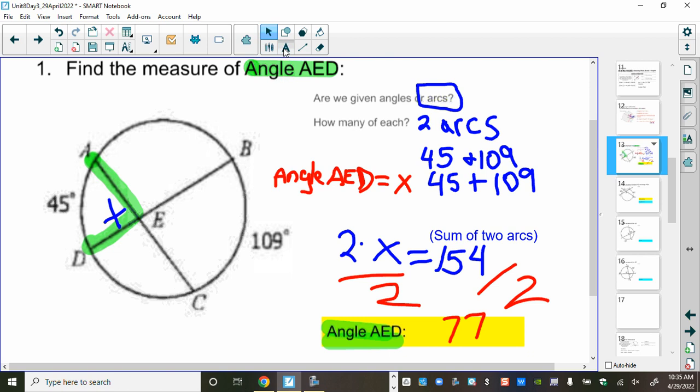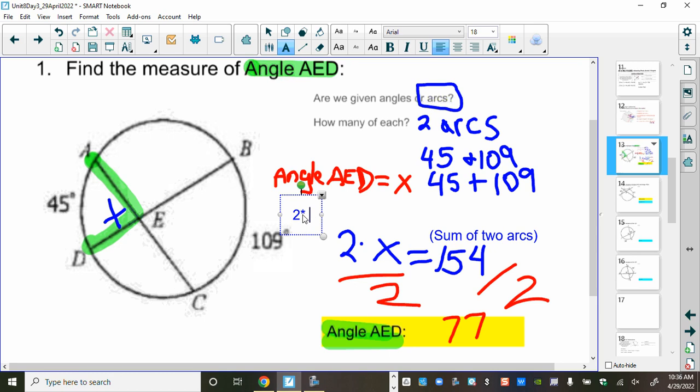So remember, 2 times our angle equals the sum of the 2 arcs.